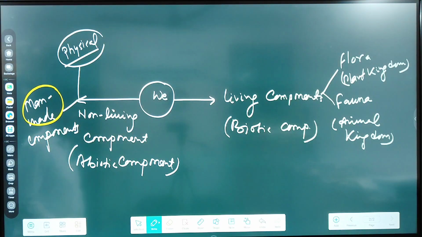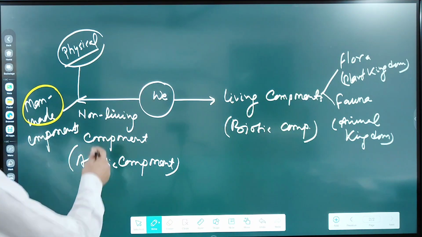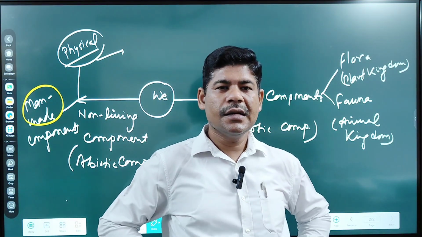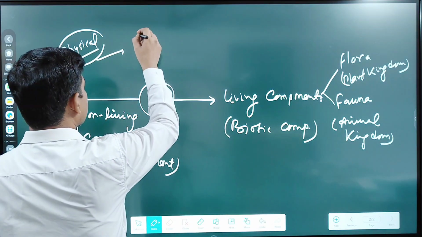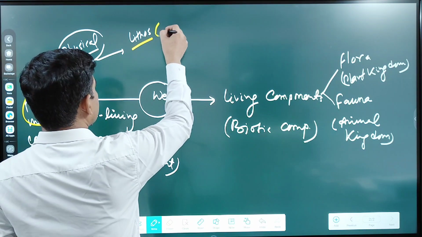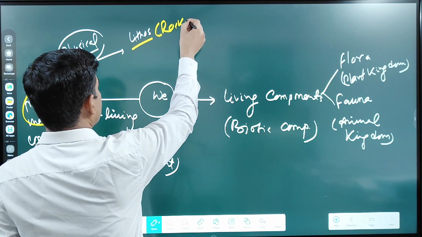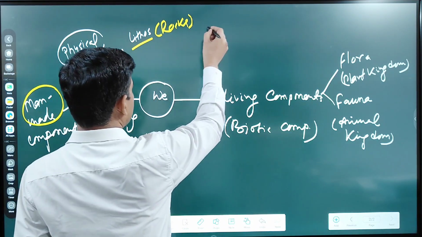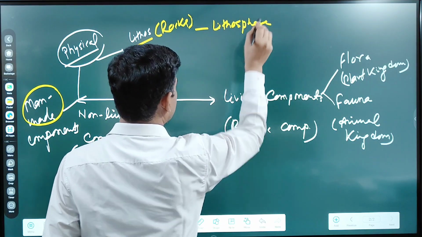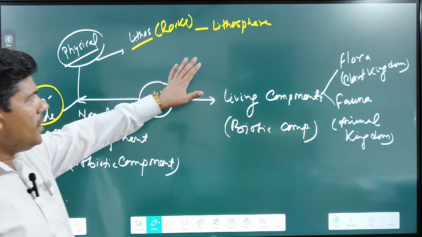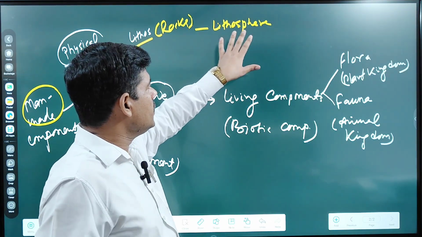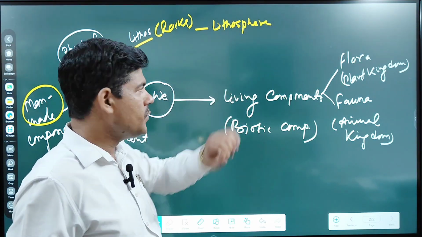What is physical? What nature keeps. For example, lithos, it means rocks. So here lithosphere, we study in detail under the sphere of lithosphere.